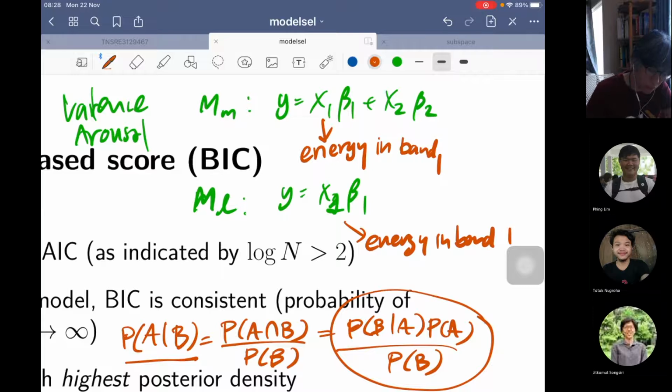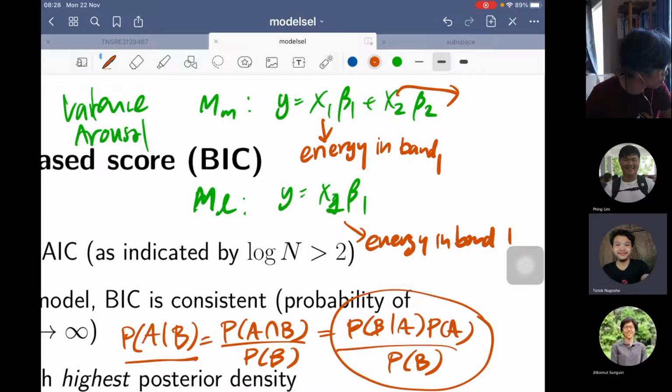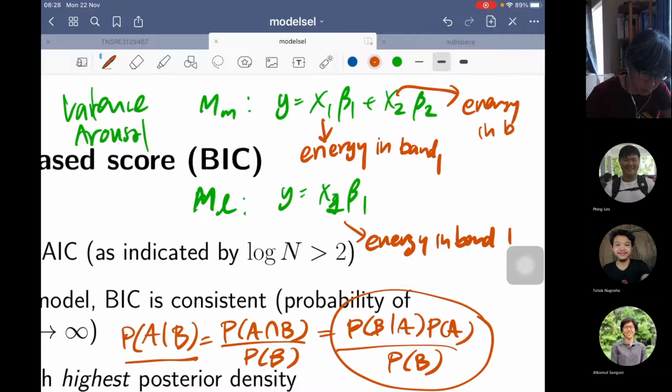Can you give an example of another feature? Energy in band 2. Okay, so suppose model M has 2 features, and model L has 1 feature.